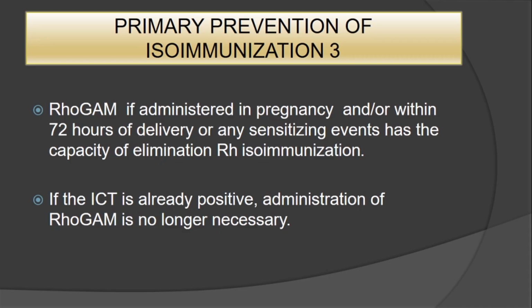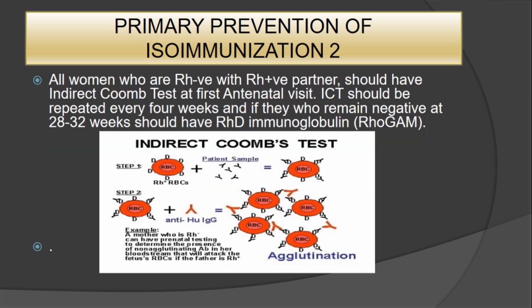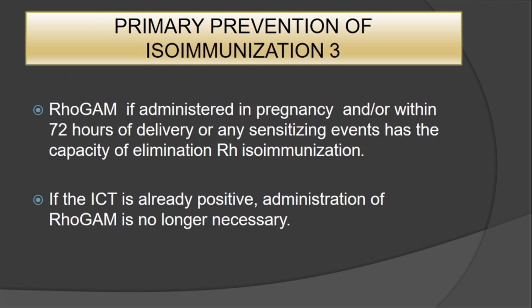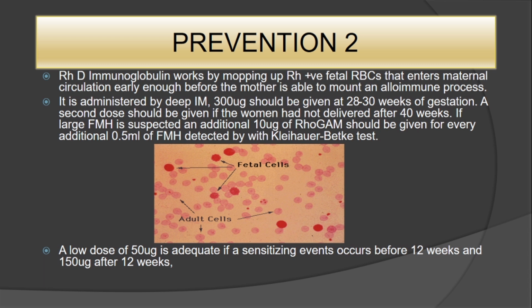And if the ICT at this stage is positive, that means the mother is already sensitized by the events we have mentioned earlier in this presentation. If the ICT is already positive, then the administration of the Rhesus D immunoglobulin is no longer necessary.